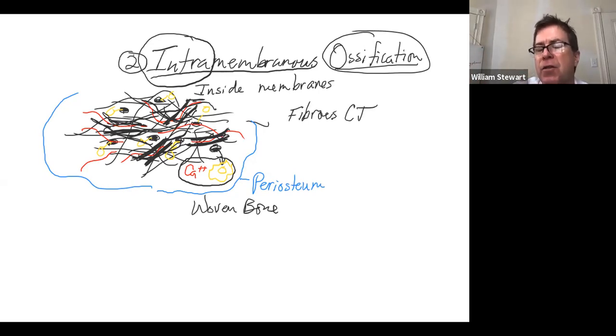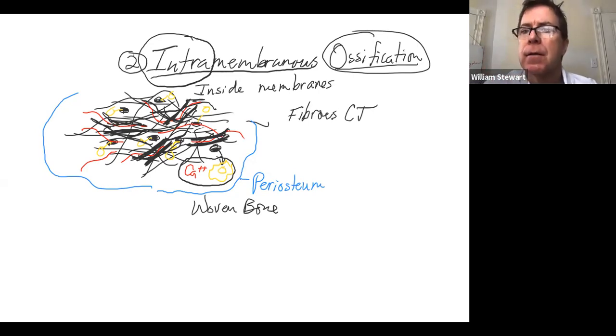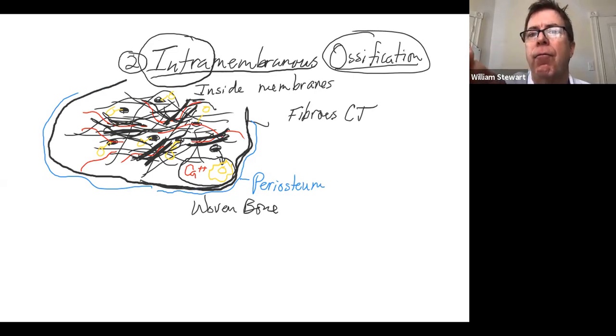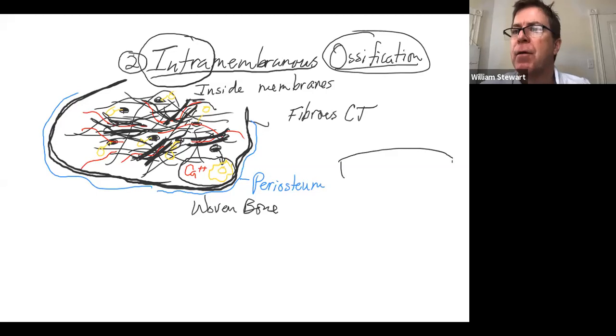Lamellar bone, that just means hard compact bone, then replaces the woven bone just deep to the periosteum. So we get this sort of hard lamellar bone encasing this network of trabeculae. What we end up with is that if you cut a flat bone, you have a layer of compact bone on the outside.